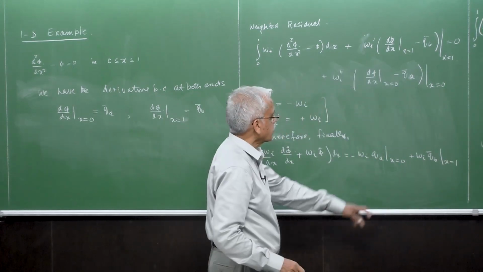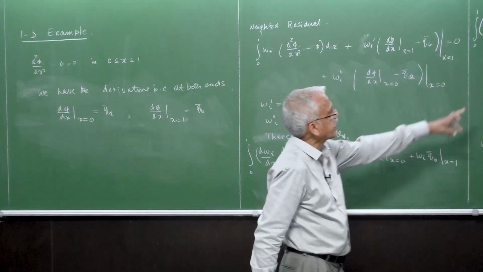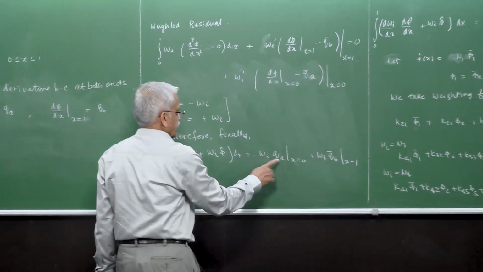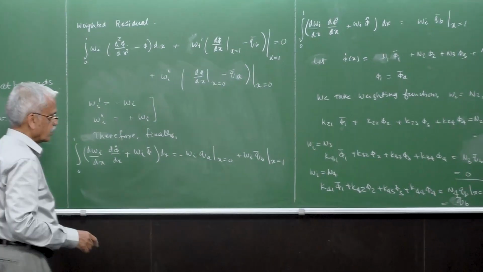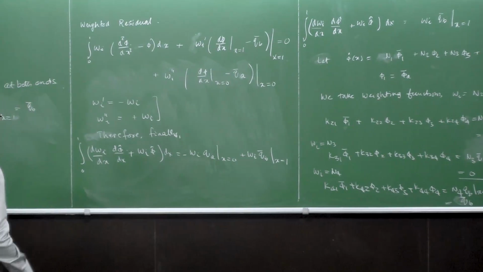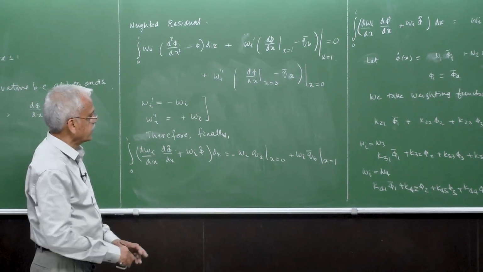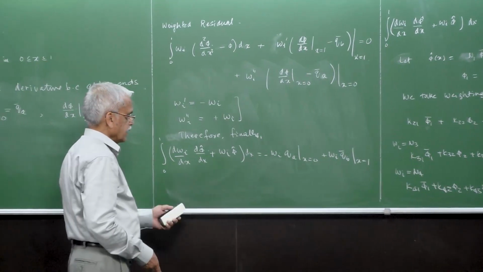So we have only this term earlier, w_i 2 bar, whereas here we have one more term coming from x is equal to 0.